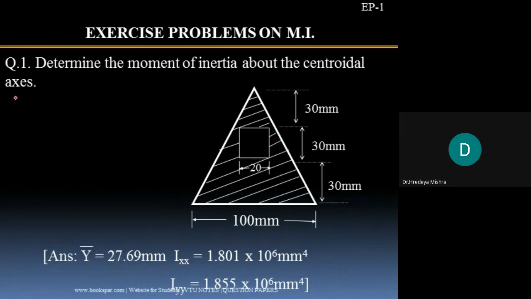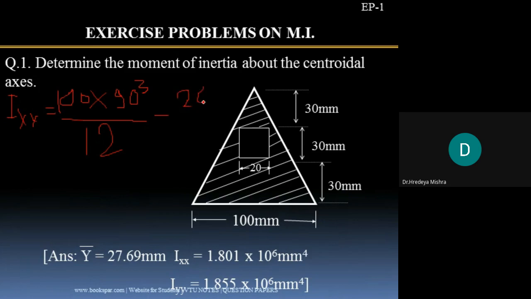Okay, so directly Ixx is equal to B is 100, H is 90, cubed and divided by 12, minus 20 into 30 cubed divided by 3.